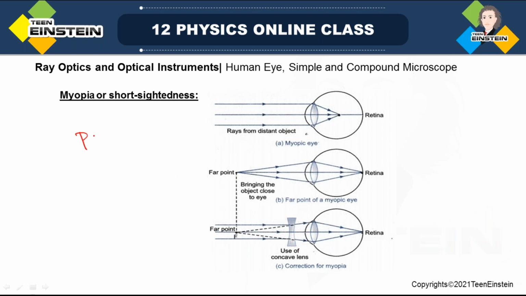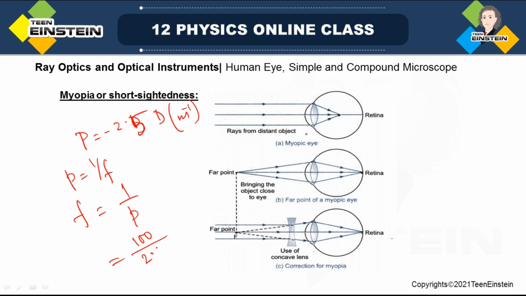The power is given as minus 2.5 diopter, and we know power is the reciprocal of the focal length. Since it is diopter, this means per meter. So we'll do 100 by 2.5, and this will come in centimeter.